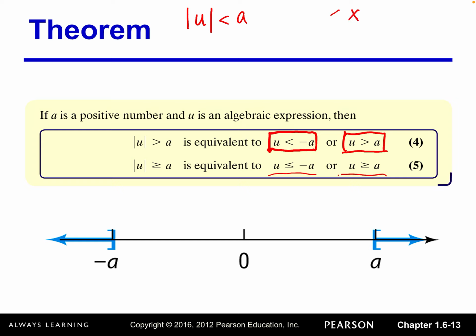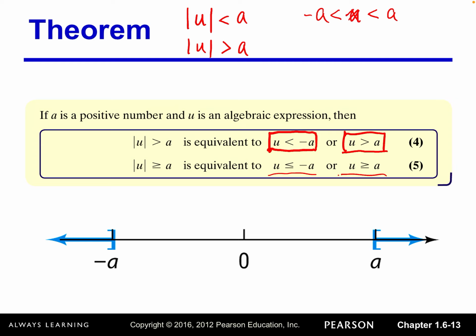So x should be between negative of that number and positive of that number. Remember A is a positive number. When absolute value involved inequality has a greater than or greater than or equal to symbol, the solution set is two single inequalities and they are in the opposite direction.